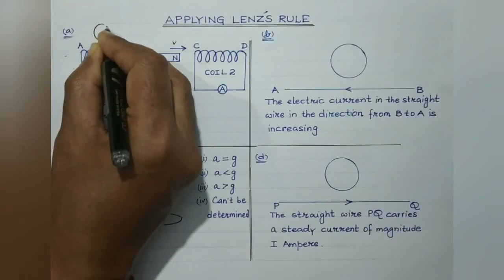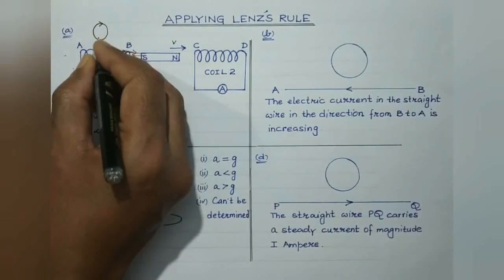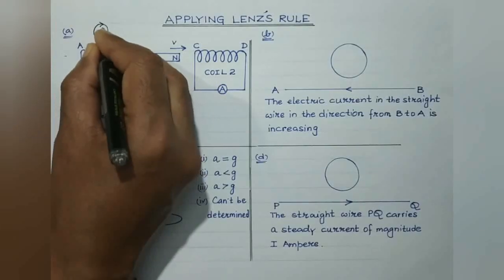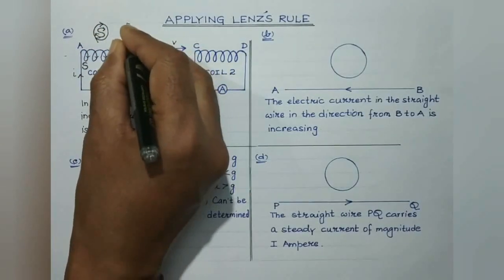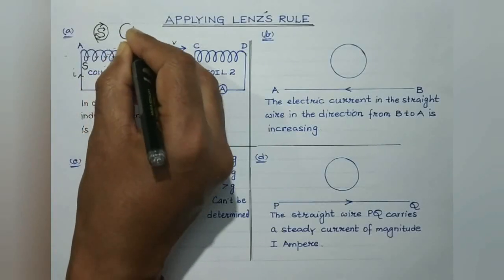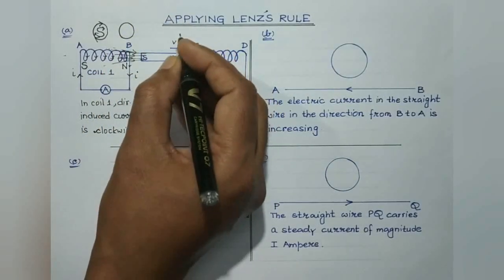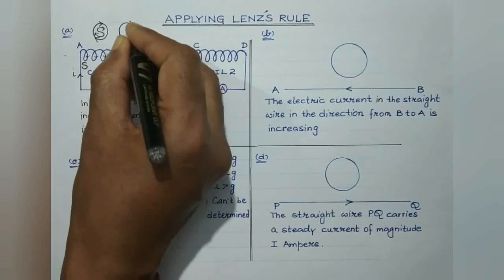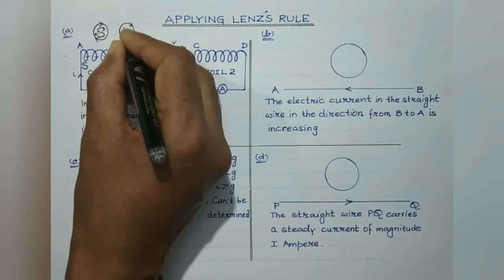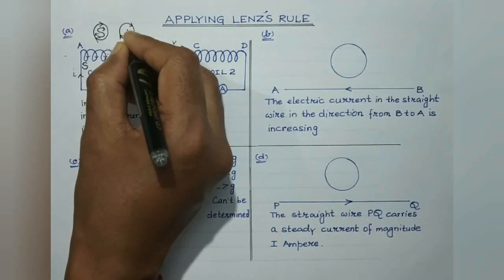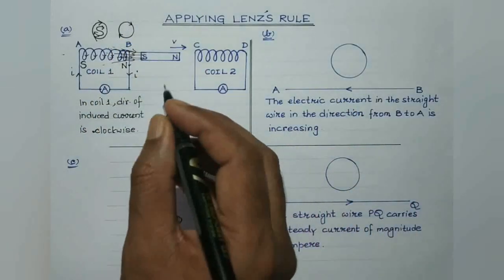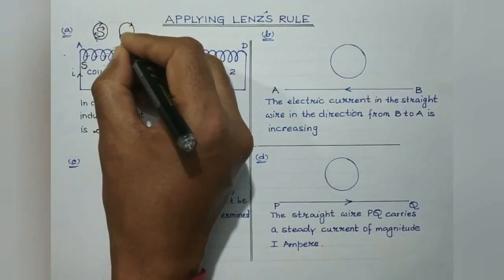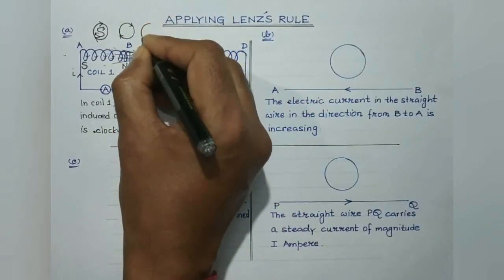Now if the current through a loop appears to be flowing in the clockwise direction, then that face of the loop behaves as the south pole. While on the other hand, if the current in the loop appears to be flowing in the anti-clockwise direction, then this face of the loop will tend to behave as north polarity, like this.